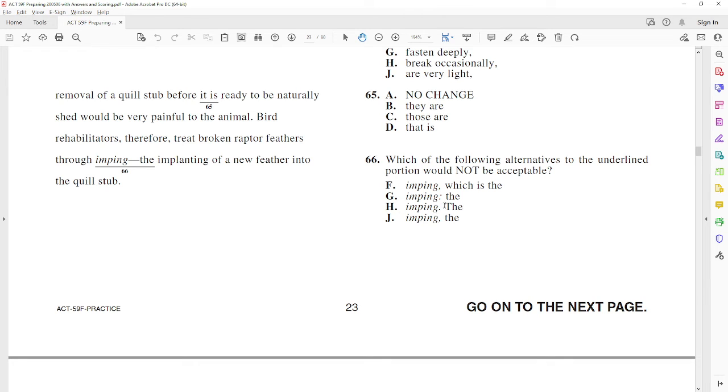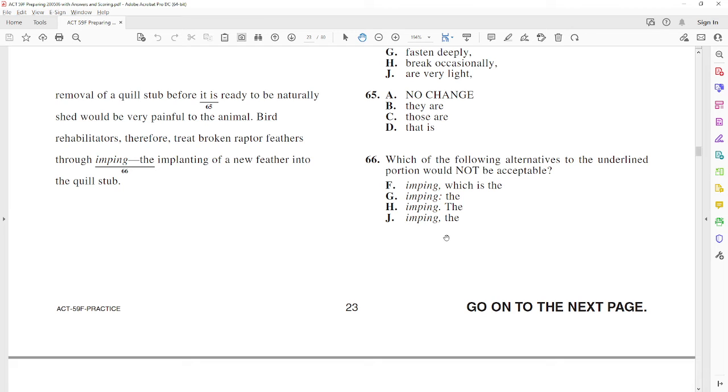Imping, period. That's the one we anticipated. The implanting of a feather into the quill stub, that's not an independent clause. There's no main verb. So there would have to be a verb. The implanting of a new feather into the quill stub is called imping. That would be an independent clause. We wouldn't want to use that specific one here because we already know it's called imping. But that would be okay.